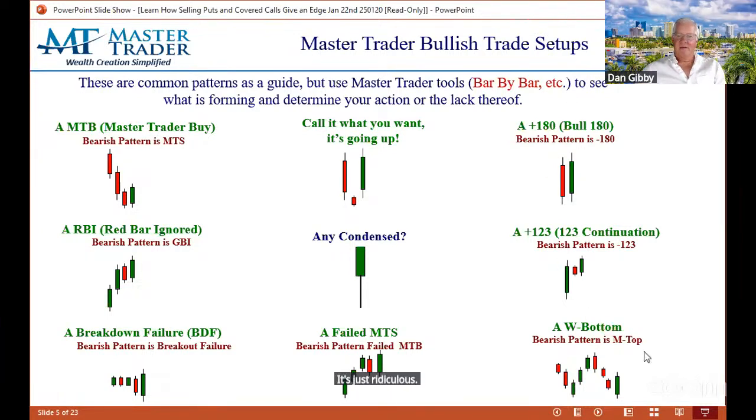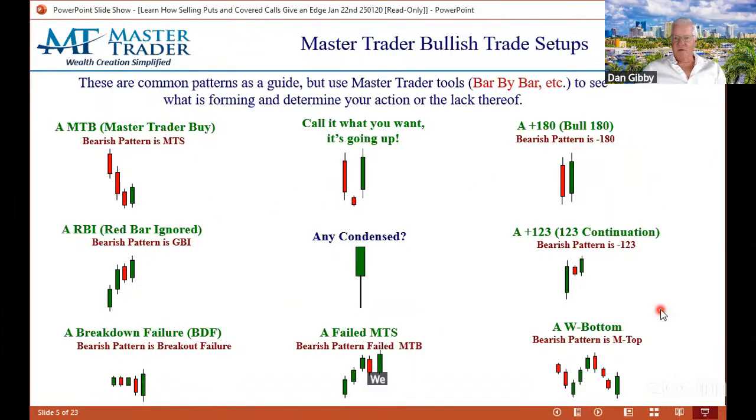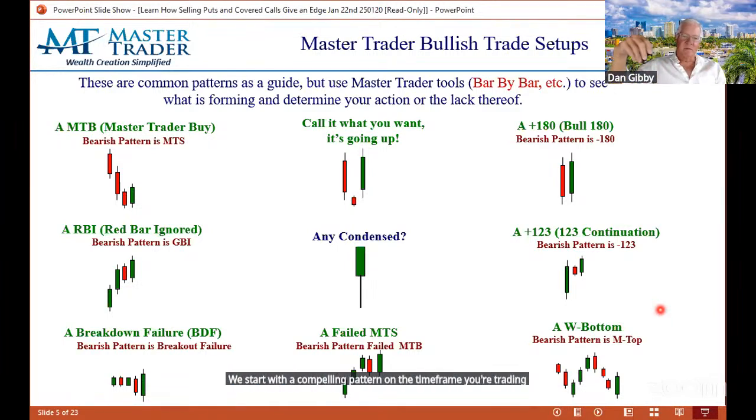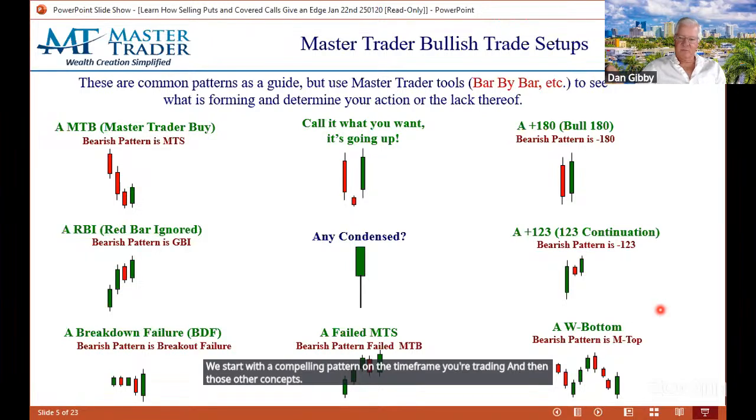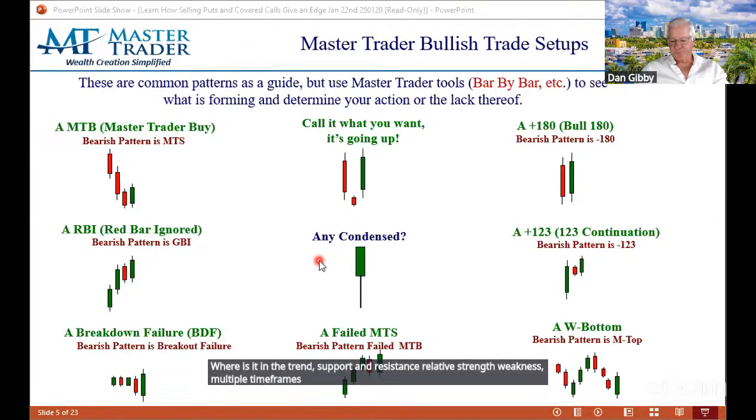These are 9 bullish setups. And then you go back to the other slide and say, okay, well, I don't know what time frame this is. I don't know what instrument it is. It doesn't matter. We start with a compelling pattern on the time frame you're trading, and then those other concepts. Where is it in the trend, support and resistance, relative strength, weakness, multiple time frames, what are the broader markets doing? But we're doing the same thing in trading options.